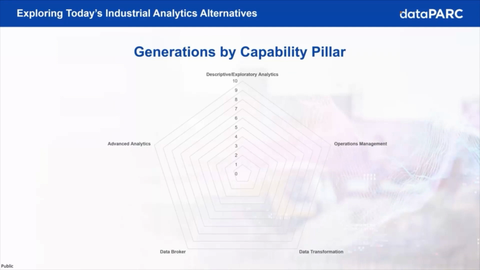Moving clockwise here, the operations management piece is those applications and those functions that drive the insights back down to the operator level and really get us to making better decisions at the operator level. We keep moving clockwise to the data transformation stage.